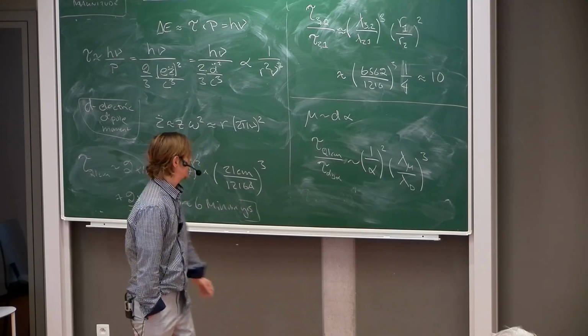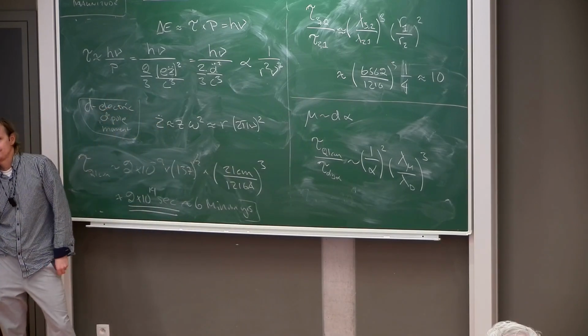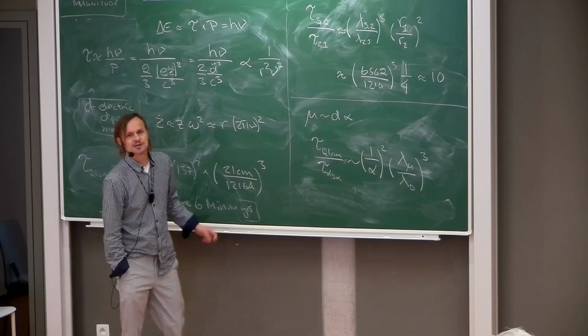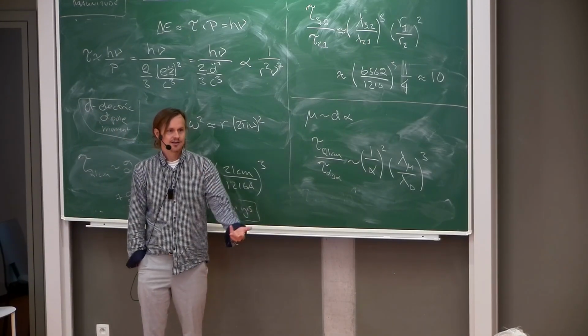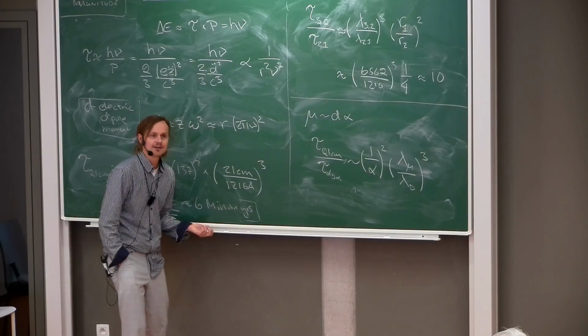The half-lifetime of the upper state in the spin-flip transition is on the order of 6 million years. Translated into Einstein rates, or the strength of the spectral line, this means it is an incredibly weak line.